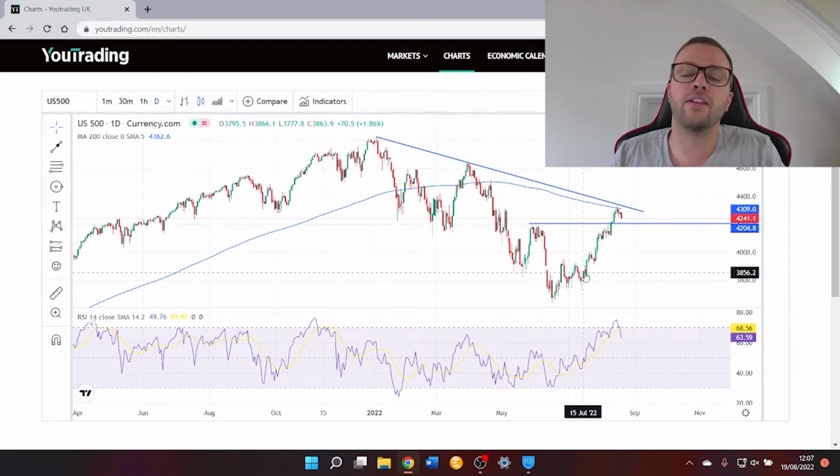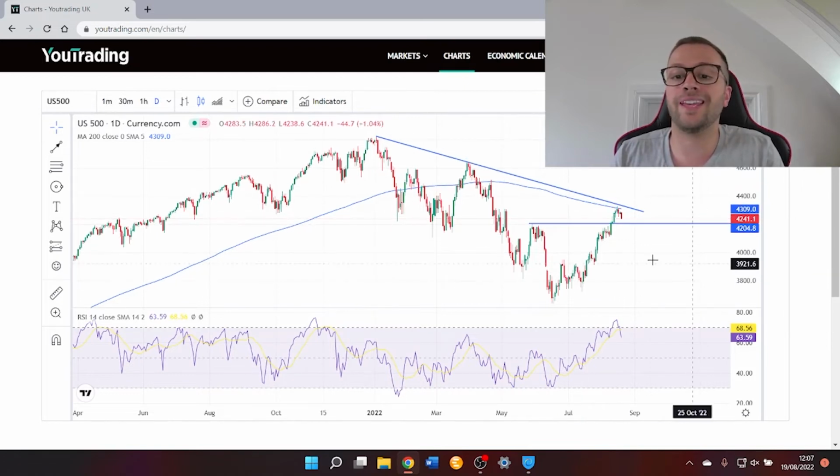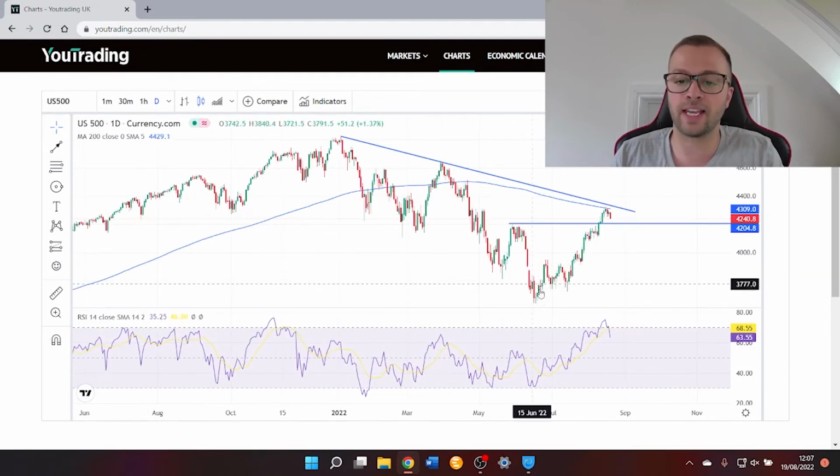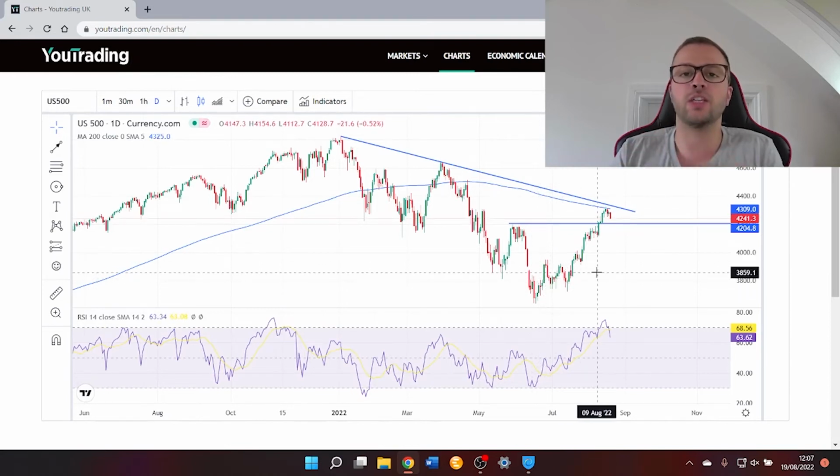But the macroeconomic backdrop, in my opinion, has improved since we were at these annual lows in June and July under 4,000, because inflation in the US does appear to have peaked, and the data that we've had since June suggests that the US economy, obviously we had that GDP data saying that it was in recession in the first half of the year, but at the start of Q3, the data suggests that the US economy continues to grow robustly with a strong labour market, and with survey data like the ISM data and all that other stuff looking fairly robust still.